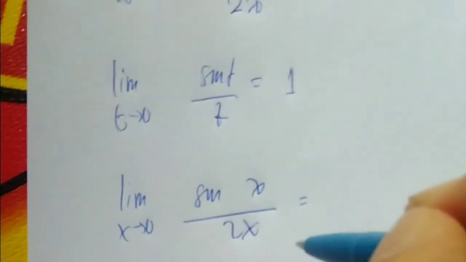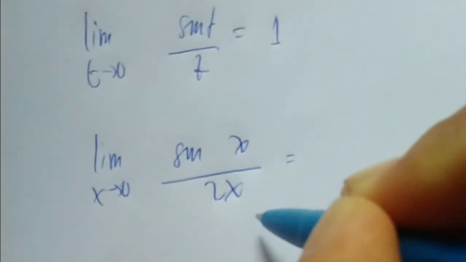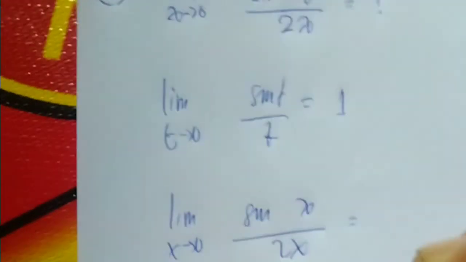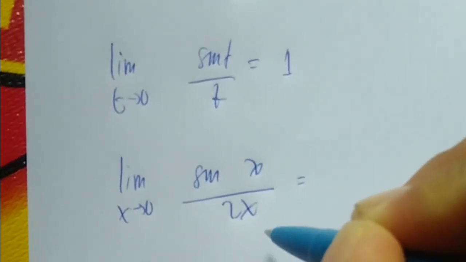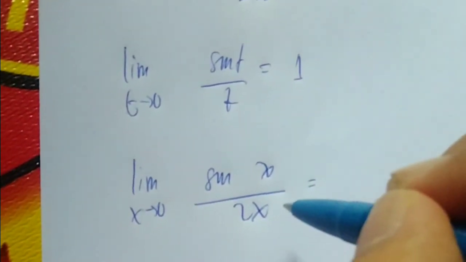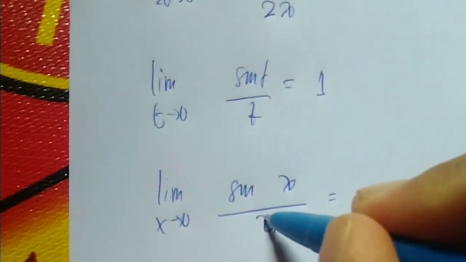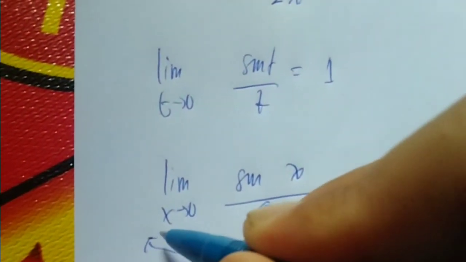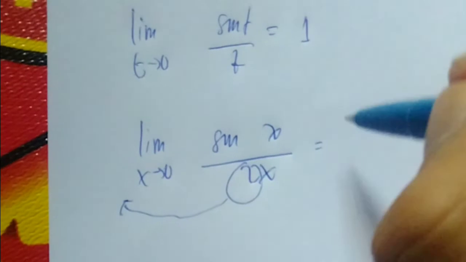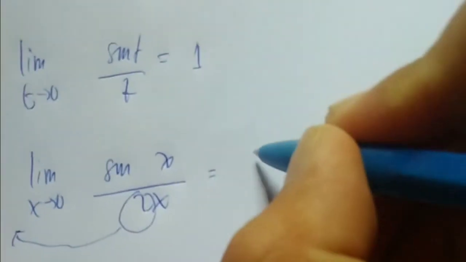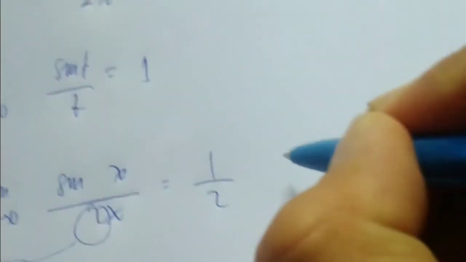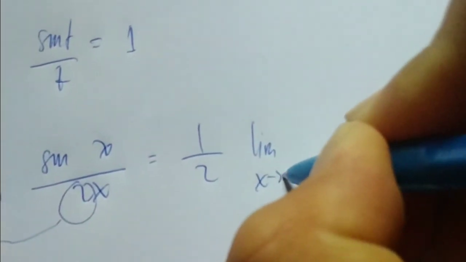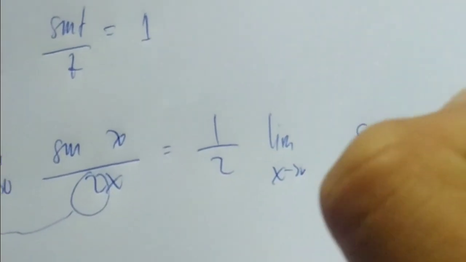Using the equation of limits, we can write the 2 on the left side of the limit, so it will be 1 per 2 times limit x to 0 of sin x per x.